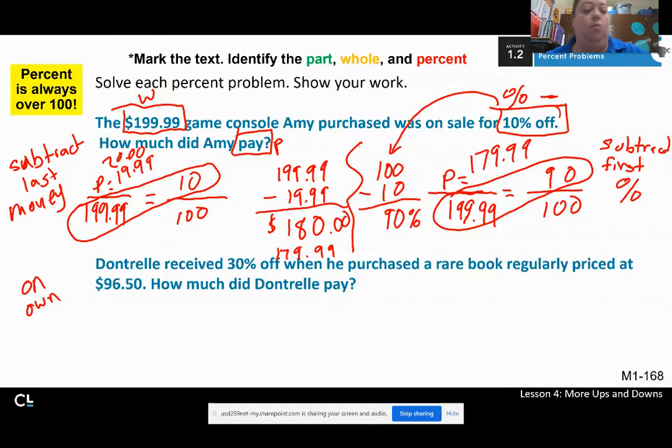Again, that's pretty close to what we had here, right? 180, 179.99. So either way will get you the answer. It's up to you which way you want to do. Down here, you just need to choose one way, read the problem, and solve. But you choose which way.